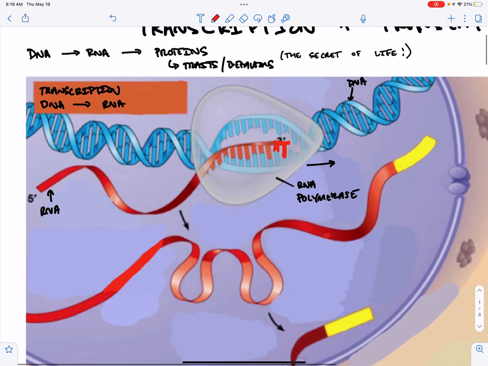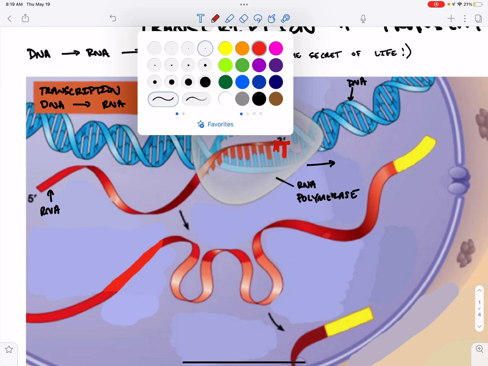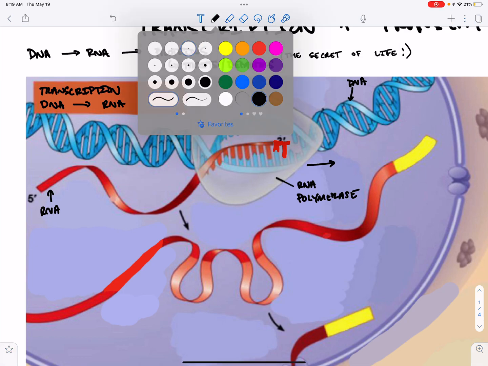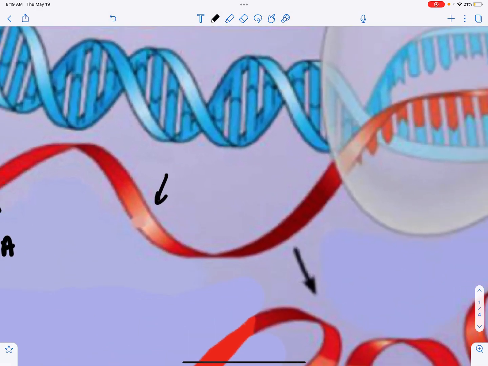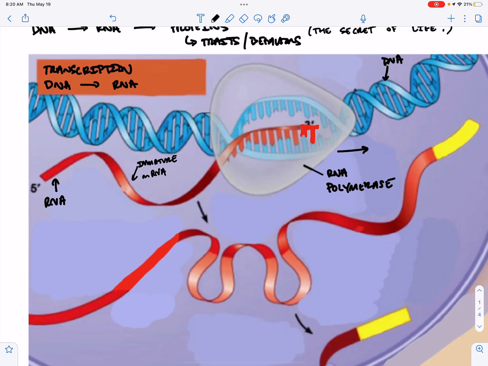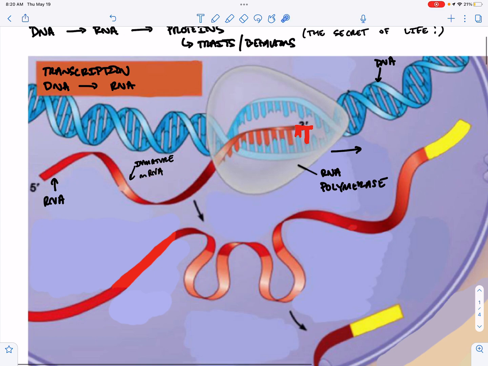So this ribbon is going to grow in this direction until it reaches the termination sequence, when the RNA polymerase is going to fall off. So this is our growing, immature mRNA. It's called an mRNA because it's a messenger RNA. It's coding a genetic message.